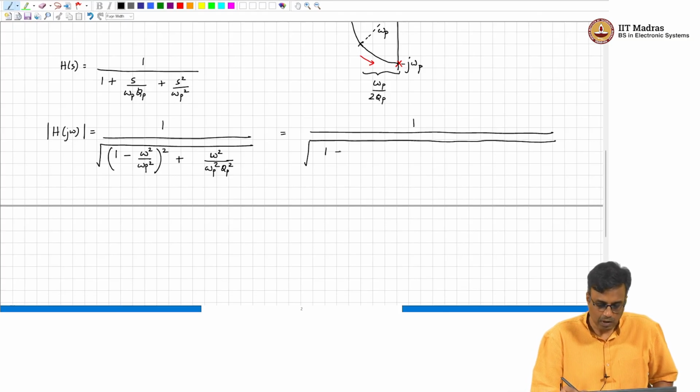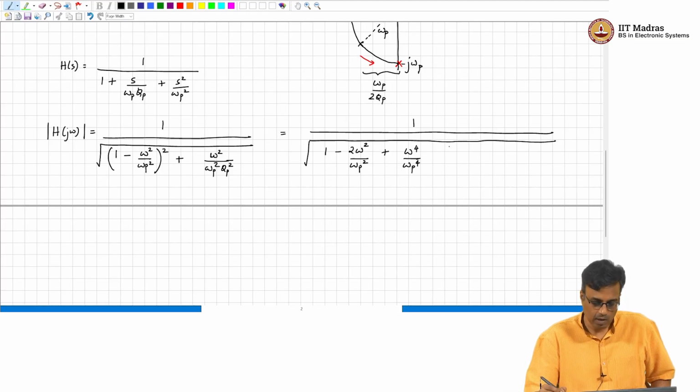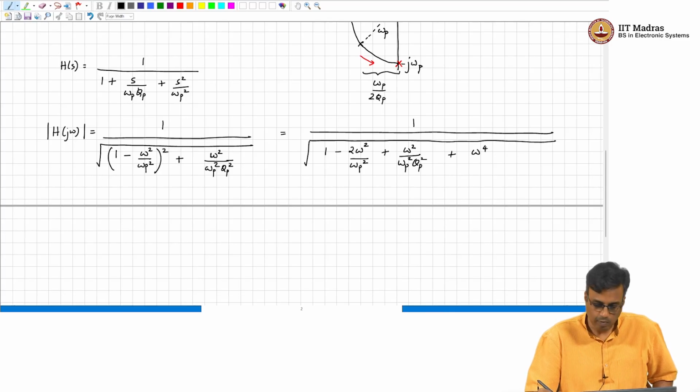This is nothing but 1 minus 2 omega square by omega p square plus omega to the power 4 by omega p to the power 4, plus omega square by omega p square times qp square plus omega to the power 4 by omega p to the power 4.